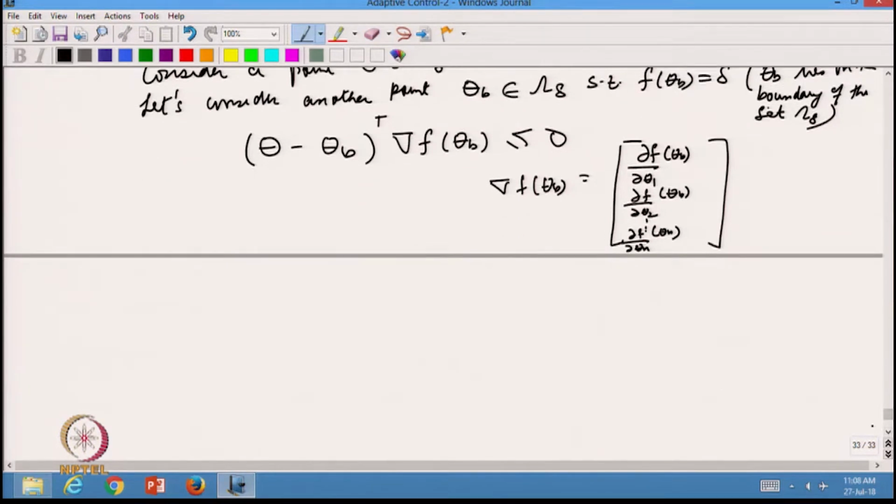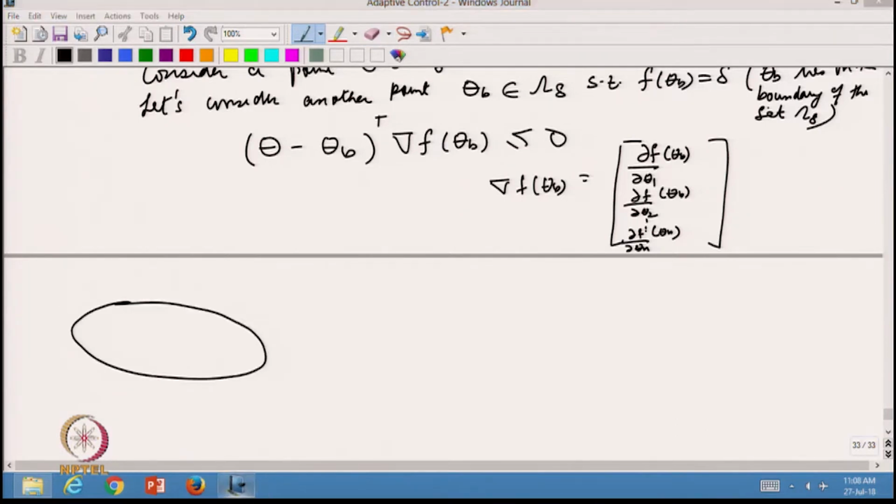So, pictorially what does this lemma say? Suppose we consider a convex set, and let us call this set omega delta.